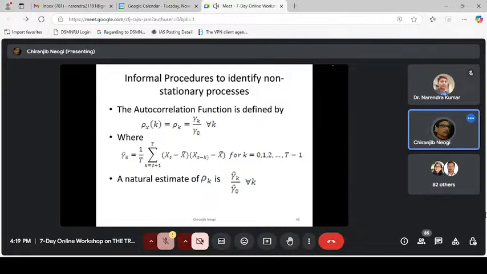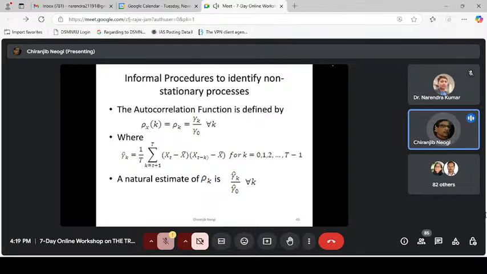So I have two series then. One is from 1970 onwards, and another is the corresponding value of 1970, which will be 1965 onwards. Now, when I take the correlation between these two series, this is called the autocorrelation with lag 5.